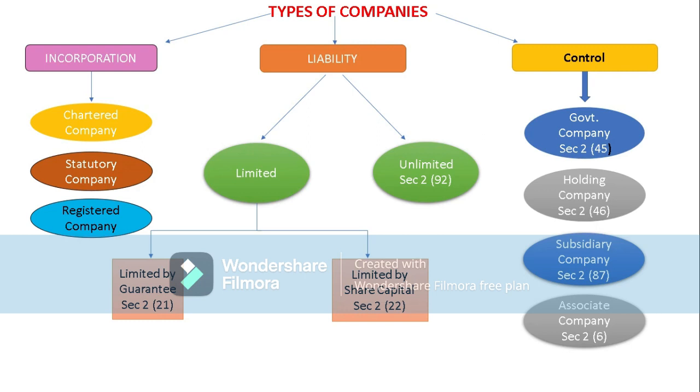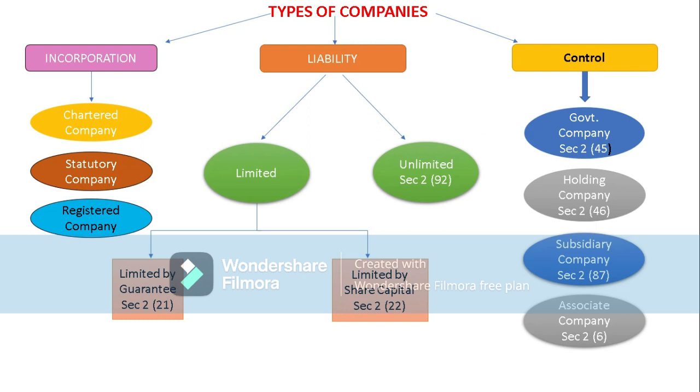Government companies are those companies, according to Section 2 subsection 45 of the Companies Act 2013, in which not less than 51% of the paid up share capital is held by the central government or the state government, or partially by the central government and partially by one or more state governments, and it also includes a company which is a subsidiary of a government company.